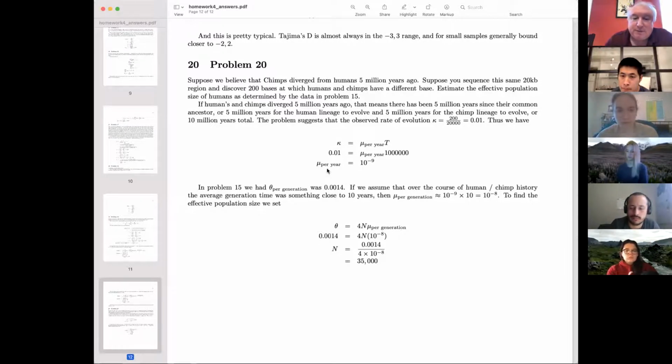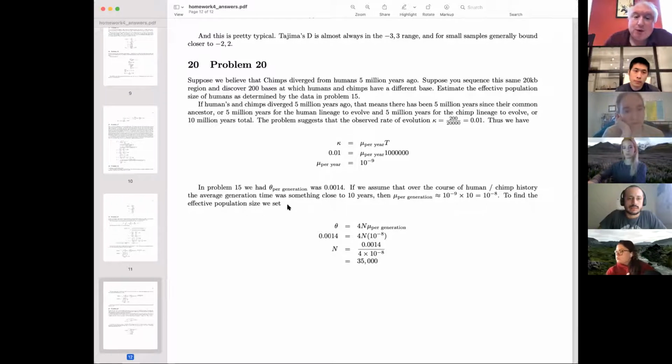So this estimate of theta of 1.4 times 10 to the minus fourth uses a mutation rate per generation. But this evolution calculation, I gave you the time measured in years, not generations.